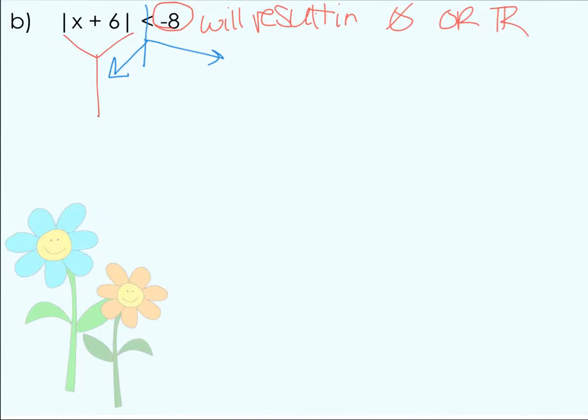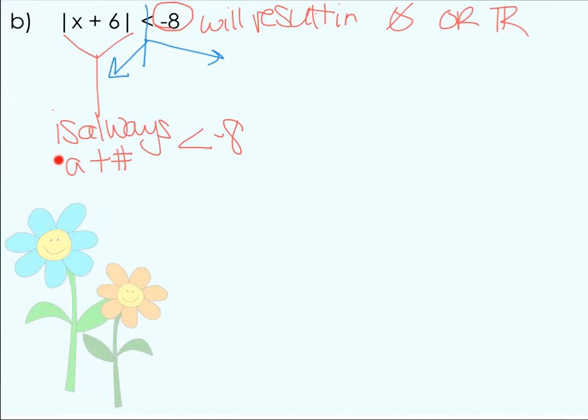This here is always positive. So if that side is always a positive number, can this ever be smaller than a negative 8? Think about this.